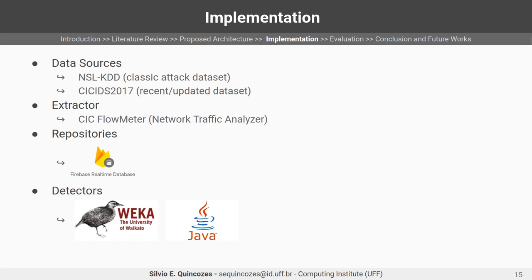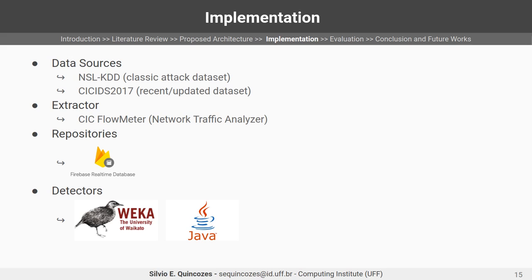So in order to evaluate our idea, we use 2 data sources. The first one is NSL-KDD, and the second one is the SIG IDS dataset. As extractor, we used SIGFlowMeter, which extracts network traffic analysis for the second dataset. For the first dataset, we don't use extractors because this dataset is already extracted.